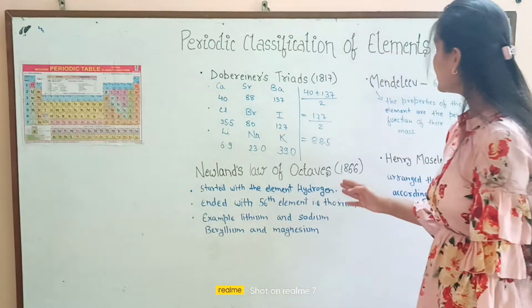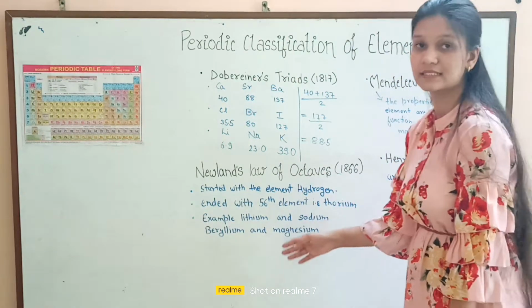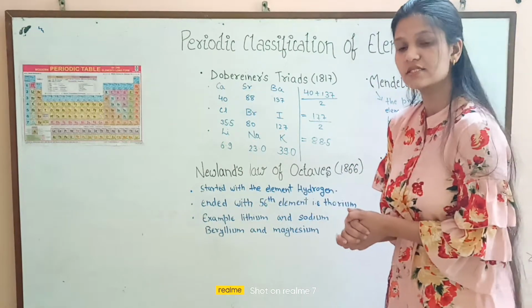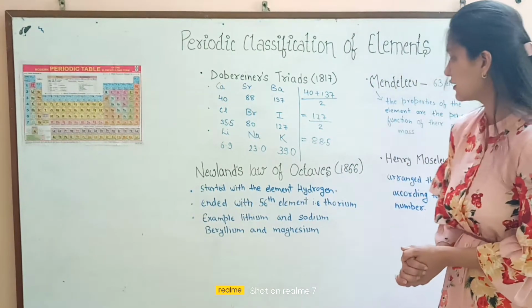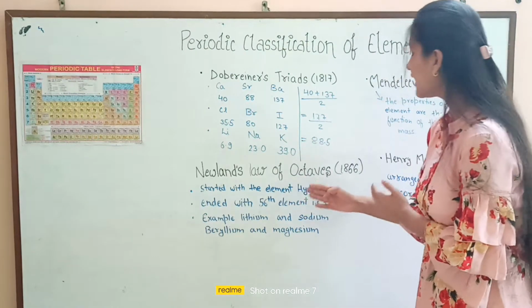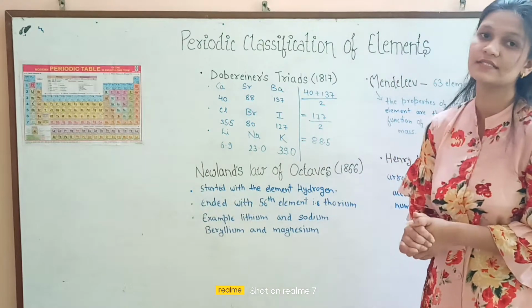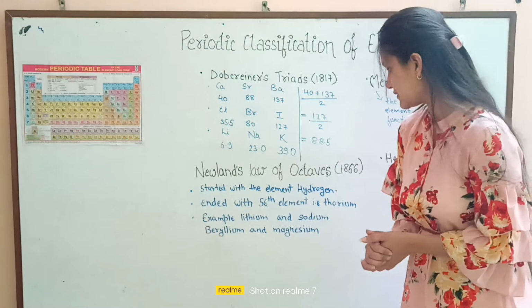In the year 1866 a new scientist came, Newlands, and he gave his own system of classification of the elements. He started with the element hydrogen. Why did he take hydrogen? Because hydrogen has the lowest atomic mass.